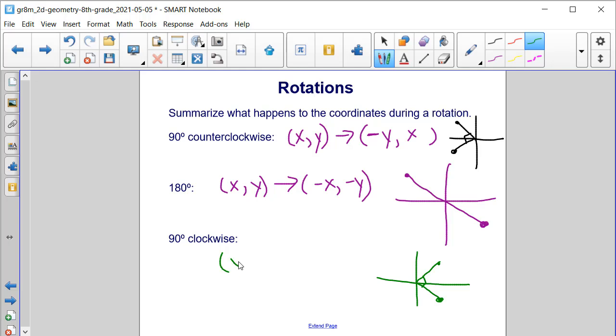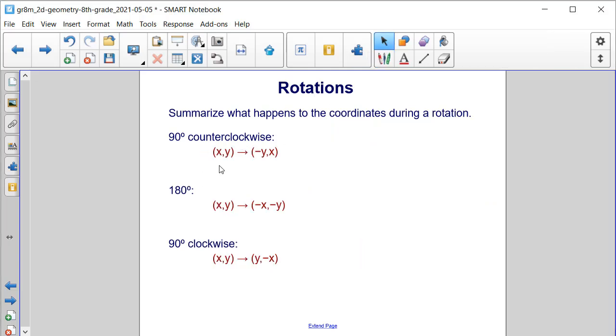And we noticed that the x and y coordinates switched places first, so we have y, x, but then because we are now in quadrant 4, this value became negative, or became the opposite. And wherever you are in a 90-degree clockwise rotation, this new y coordinate will become the opposite of the original x coordinate.